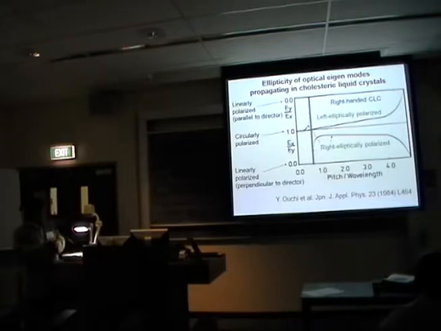And this ordinate corresponds to the ellipticity, the ratio of the x component and y component of the electric field. So here Ex and Ey equal 1, which means circularly polarized light. And here corresponds to linearly polarized light, parallel to the director and perpendicular to the director.